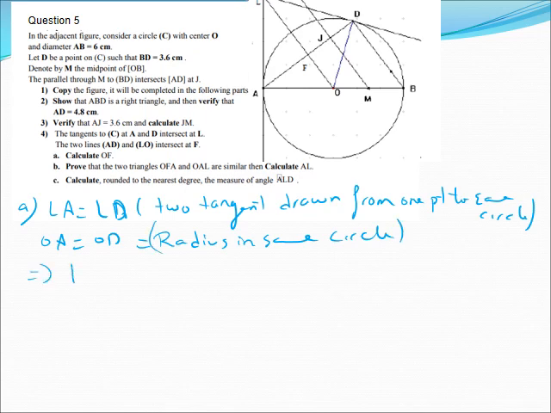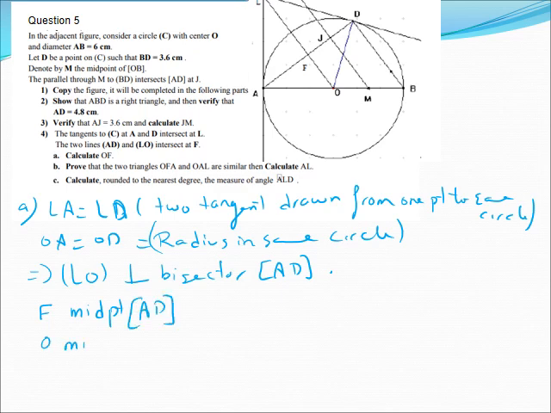So LO is the perpendicular bisector of AD. So F is the midpoint of AD, and O is the midpoint of AB, given.